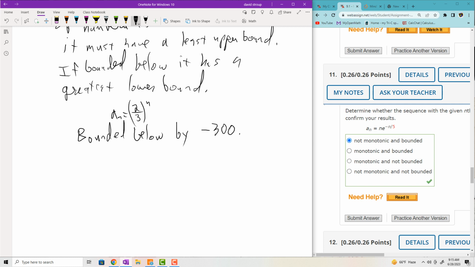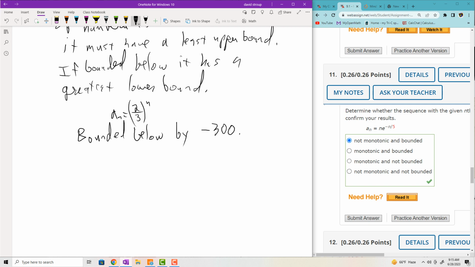But if you take the entire set of numbers that bound this below, there's going to be a greatest one. Okay, that thing will exist. And that's what the completeness axiom is saying. All right. So we need the completeness axiom in order to pull off the proof for this monotonic bounded theorem thing.